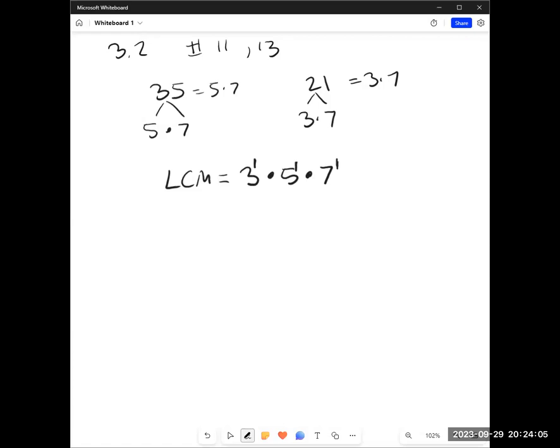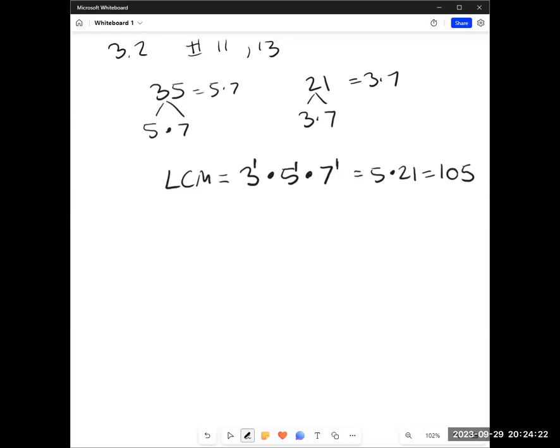So now I'm going to multiply 3 times 5 times 7. Let's just make this 5 times 21. I can multiply the 3 and the 7 first, and that's going to be 105 for my LCM.